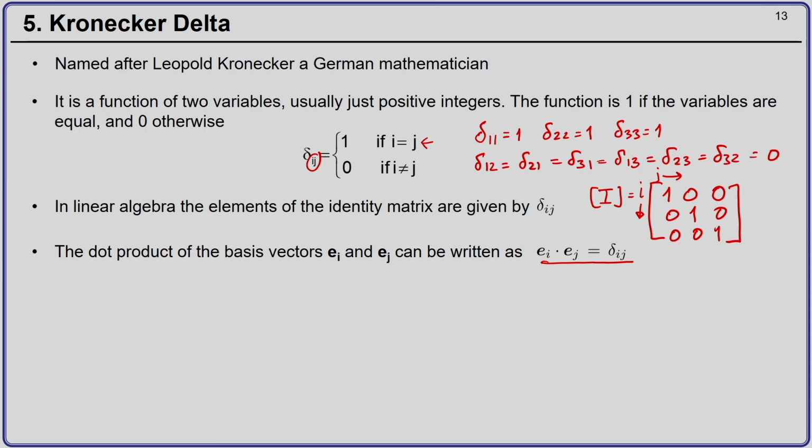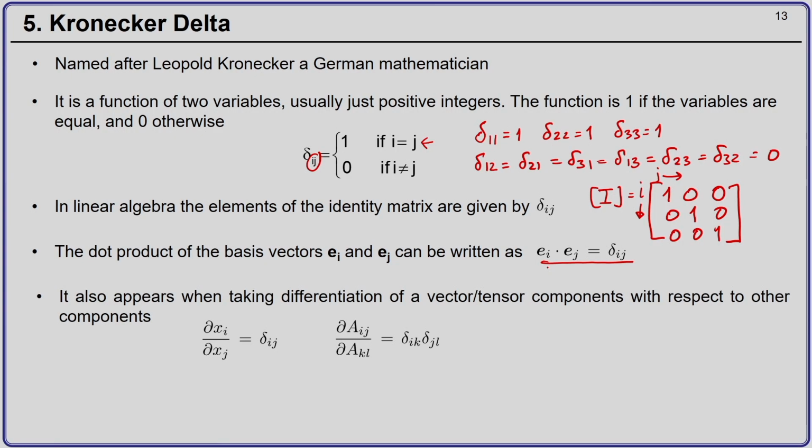But e1 dot e2, where i is 1 and j is 2, will be equal to 0, because the cosine of the angle between e1 and e2 is cos 90 degrees, which is 0. So, e1 dot e2 is 0. You can write all this in a compact notation as ei dot ej equals delta ij. That is one place where the Kronecker delta shows up.